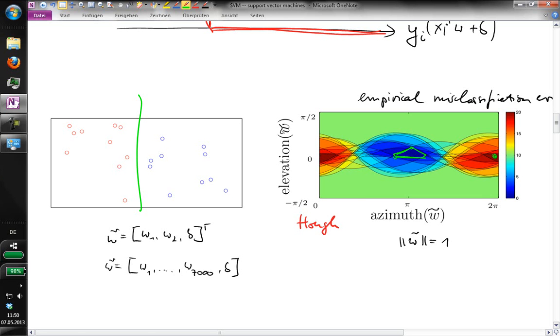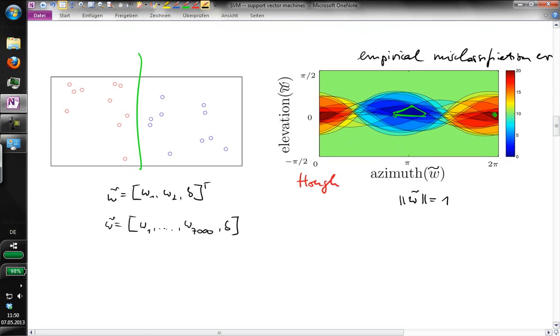And note now that this error surface here is piecewise constant. So either we misclassify a point or we do not misclassify it. So if I follow any trajectory here in this space of models, my error increases or decreases in steps of 1.